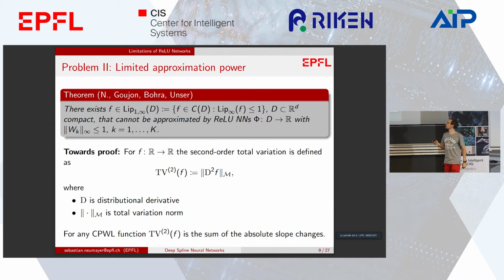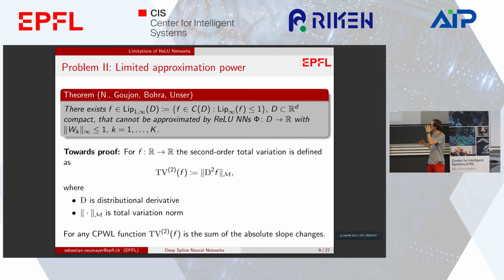If we look at the 1-Lipschitz functions on some compact domain, then we can show that they cannot be approximated by such ReLU neural networks with these weight constraints, where the matrix norm is chosen as the infinity norm.